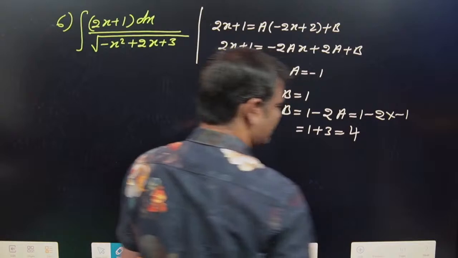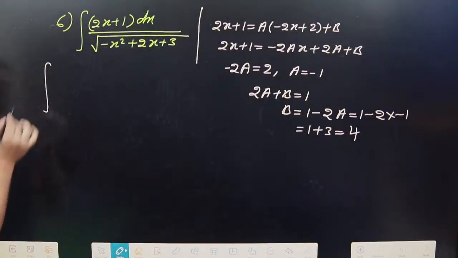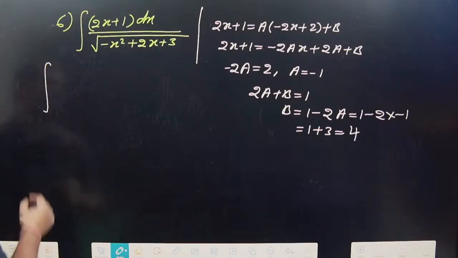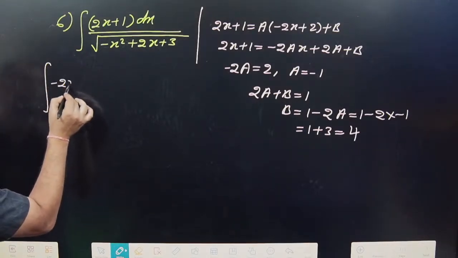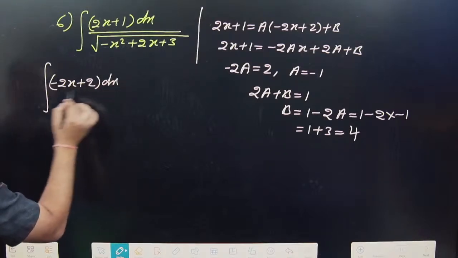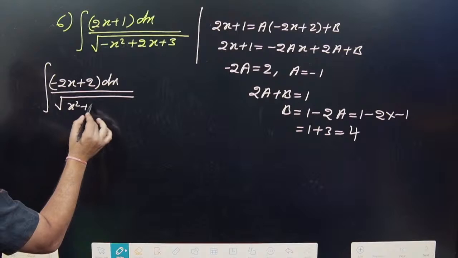B basically 4. Now these two values put here. 2x plus 1. A is how much, 1. So simply written 2x plus 2 into dx divided by how much, x square plus 2x.